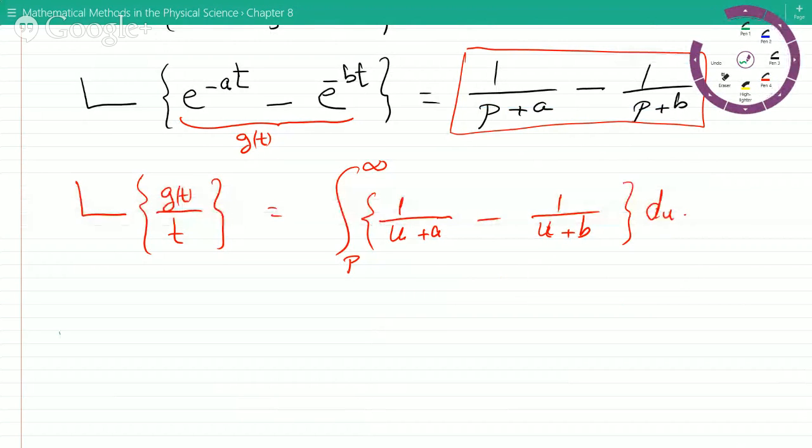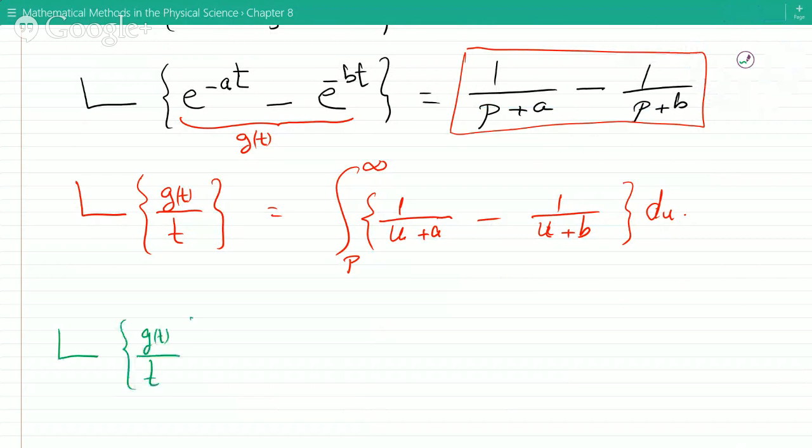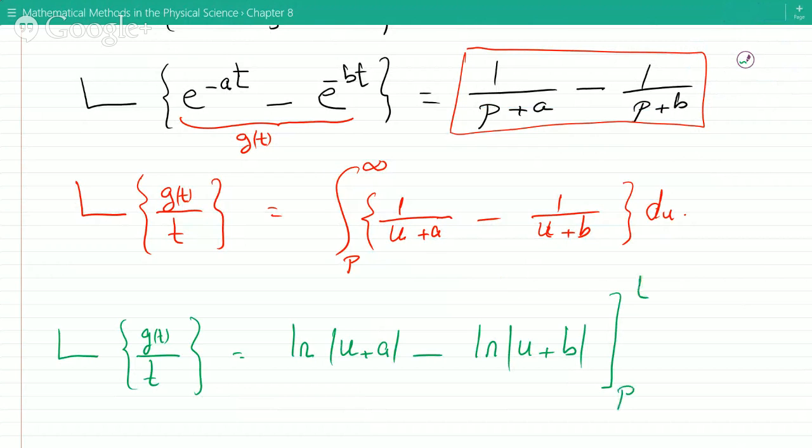Yeah? So then the Laplace of g of t over t would continue to be ln of the absolute value of u plus a, because the integral of 1 over u plus a du is ln of u plus a, minus ln of the absolute value of u plus b, from p to t, and when we are done we will take the limit as t.